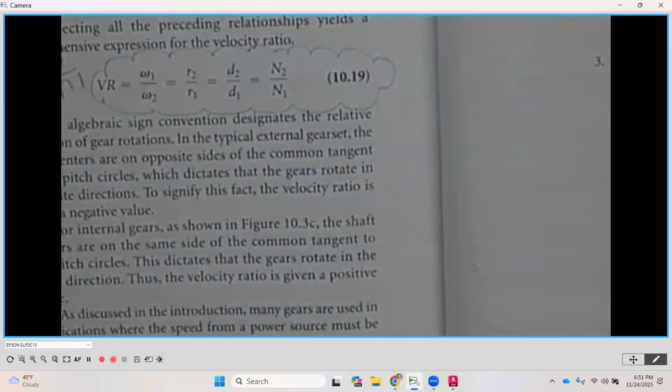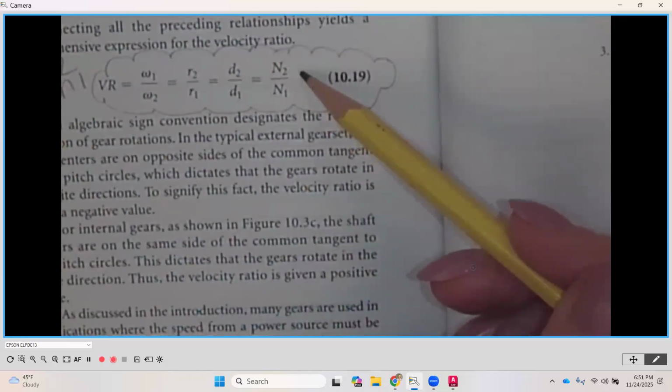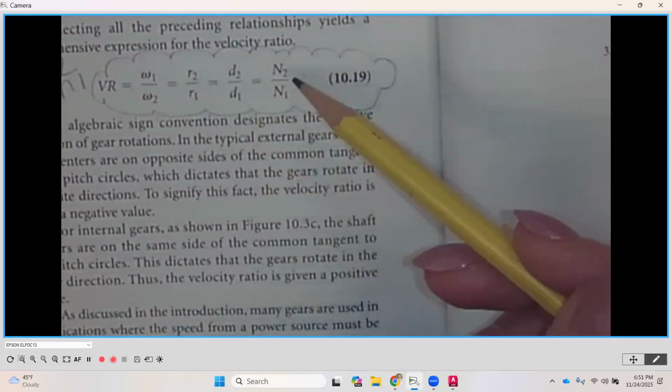But when we start looking at physical sizes, notice that the 2's go on top now, because the gear is larger in radius, the gear is larger in diameter, and the gear has more teeth. So for the physical attributes, the gear goes on top divided by the pinion. Does that make sense to everybody?